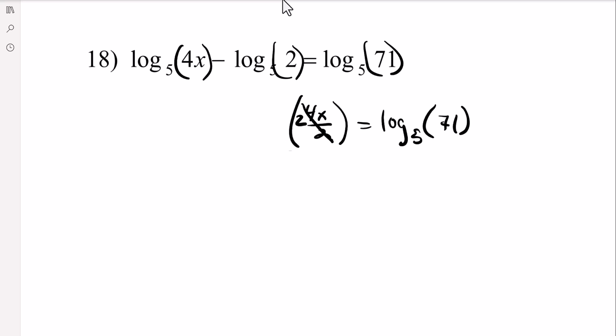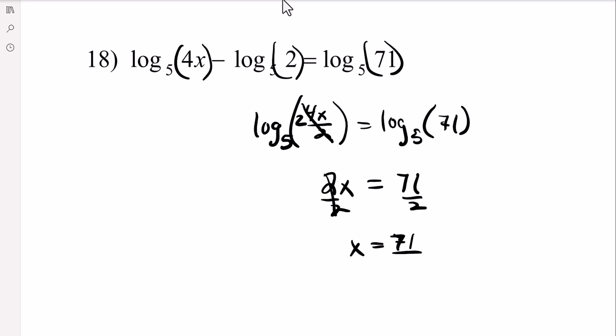Let me rewrite this. So we can ignore that. And now I can put 2x is equal to 71. Divide both sides by 2. x is equal to 71 halves. So then you just have to try that.